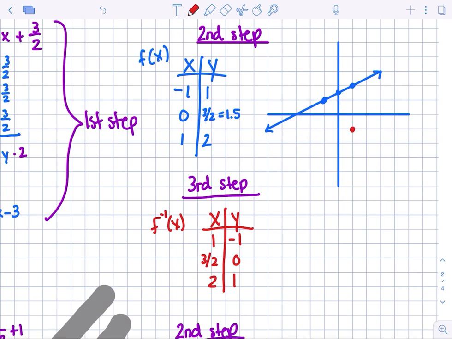Remember 3/2 is 1.5, so 1.5, 0 is right there. And 2, 1 is right there. And there's your graph.